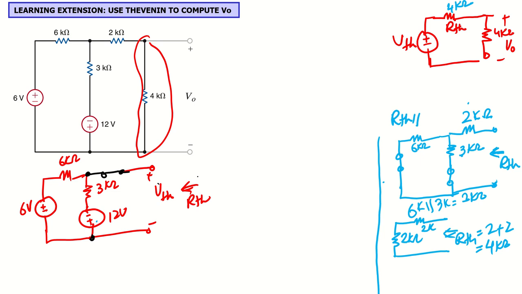To get that, we can apply the voltage divider here and get the open circuit voltage, or we can write the KVL equation to find the current, and using that current we can find the voltage drop here. Either way we can use.